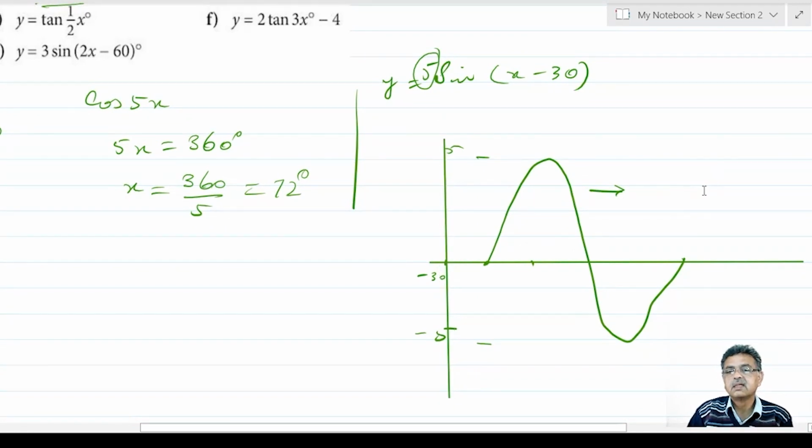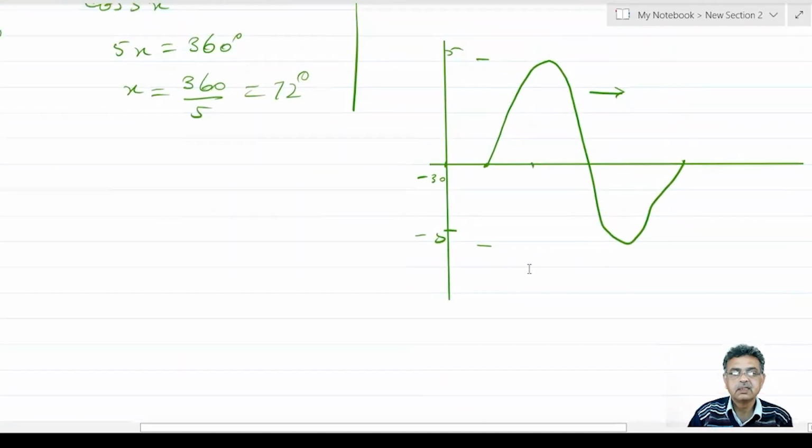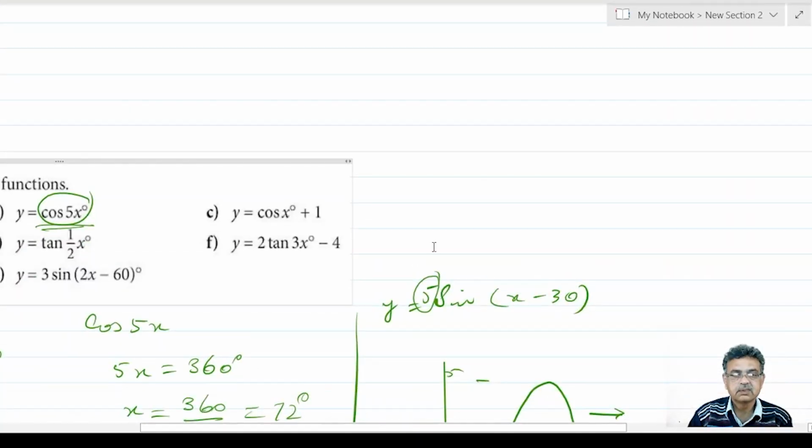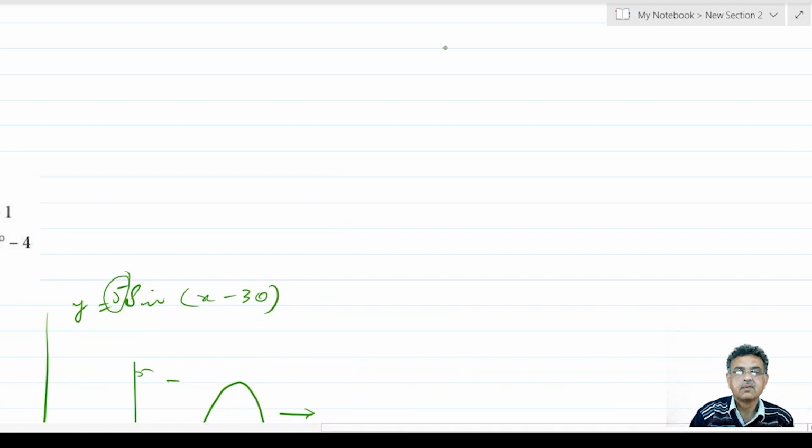So this is an easier way: instead of moving the whole graph, you can move this line. Similarly, if this was cos x plus 1, in this type of graph, y is equal to cos x plus 1.